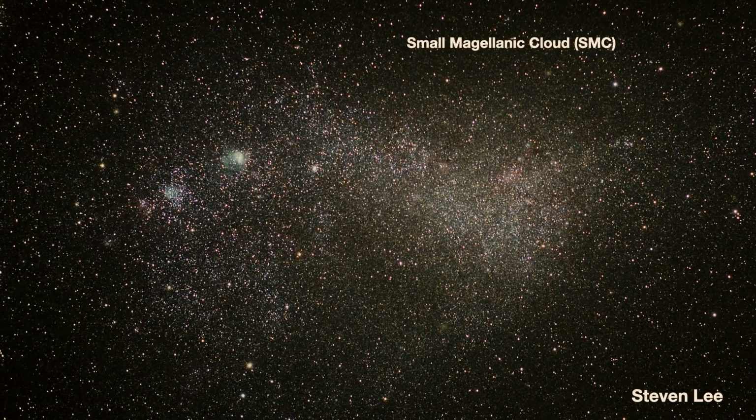It's very much an irregular galaxy. It's about 4 degrees in extent, and it's absolutely undergoing interaction with the Milky Way now. It's thought that it was once a spiral galaxy, a fairly small one, but those days are long over due to disruption from gravitational interaction with the Milky Way.